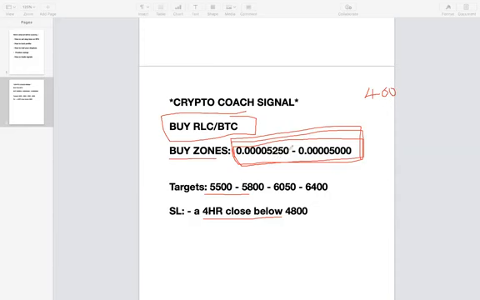And then if it eventually comes down, let's say to 5,100, you can still buy another $100 at 5,100. And then if it comes down to 5,000 finally, you buy another $100.